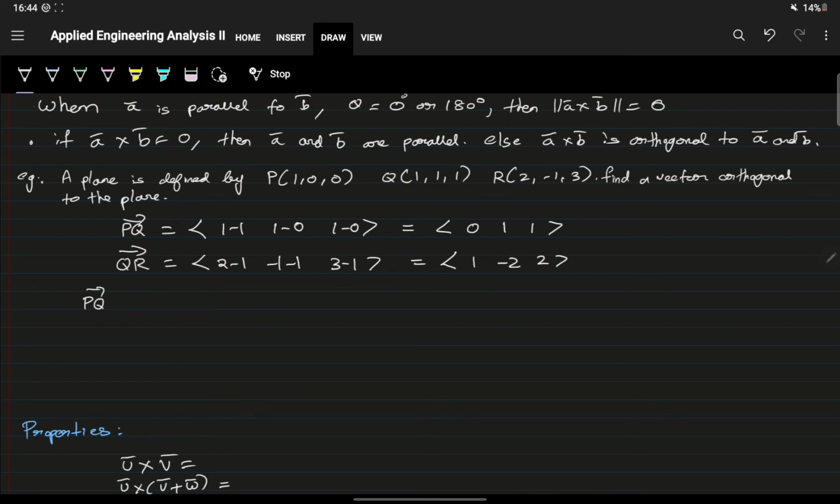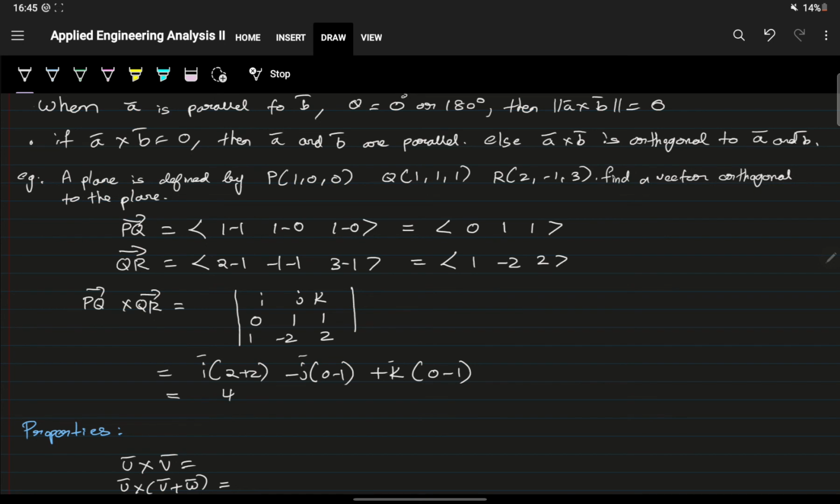Now the cross product of pq and qr is given by i times 2 plus 2, minus j times 0 minus 1, plus k times minus 1.